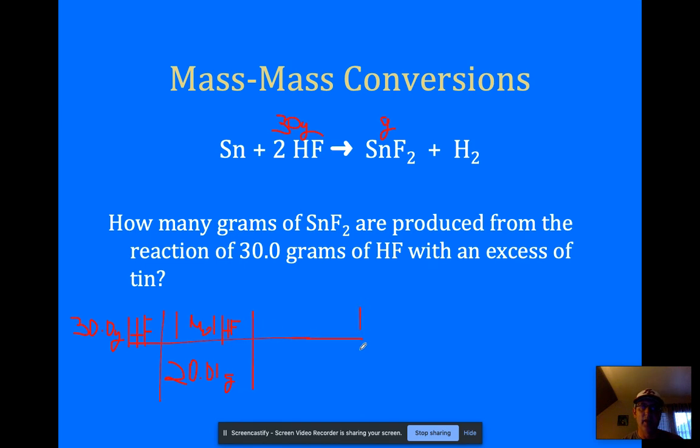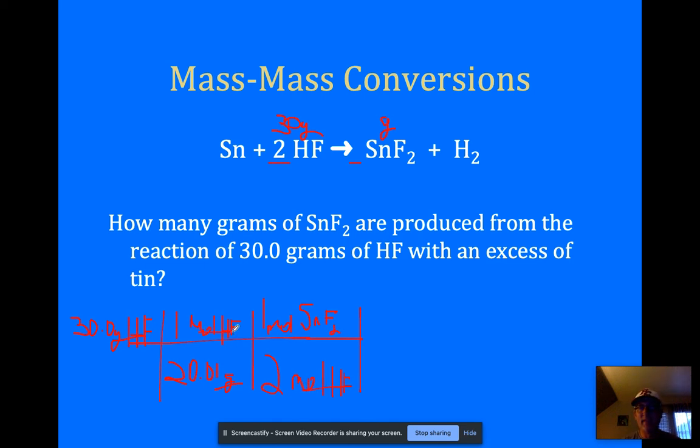Okay, so now we have, my grams will cancel there, grams cancel. Now we have moles of HF. So for every 2 moles of HF, anyway, so 2 moles of HF to 1 mole of SnF2. Okay, so that cancels.